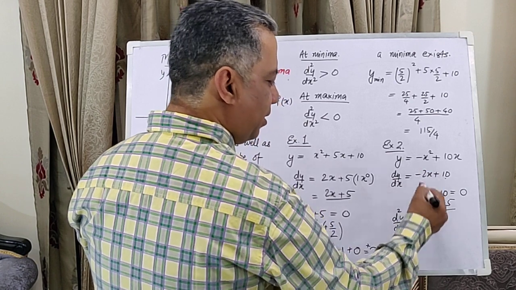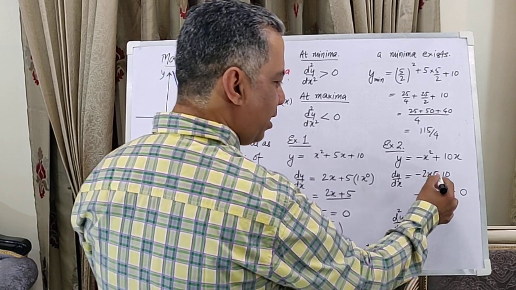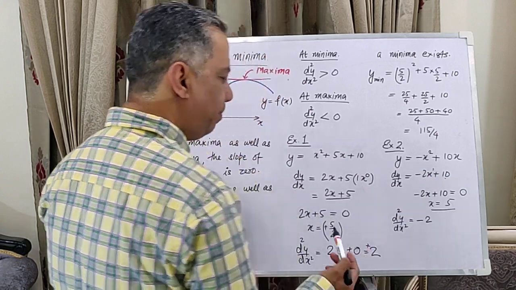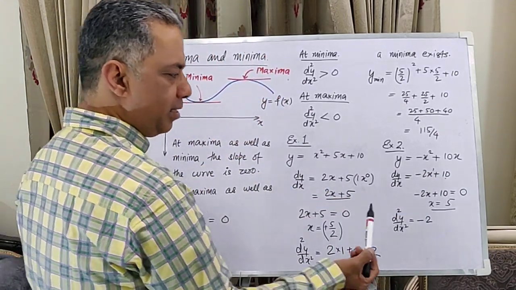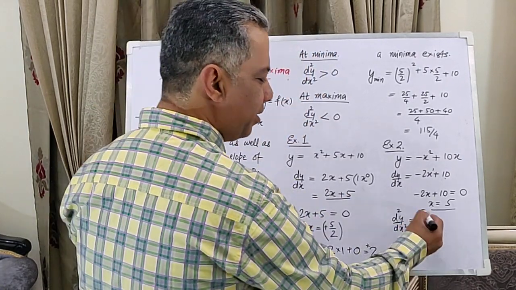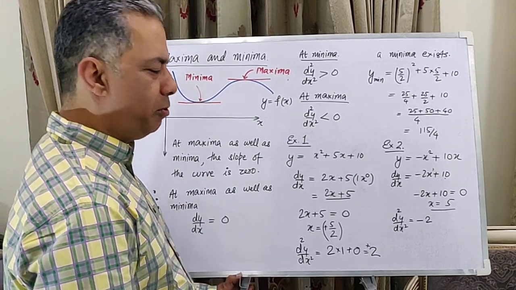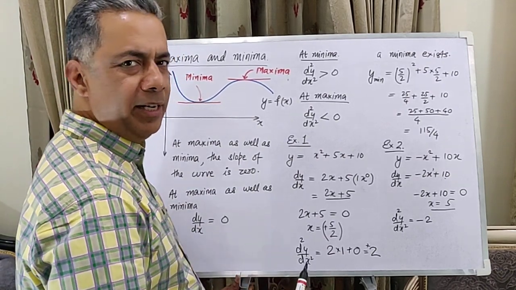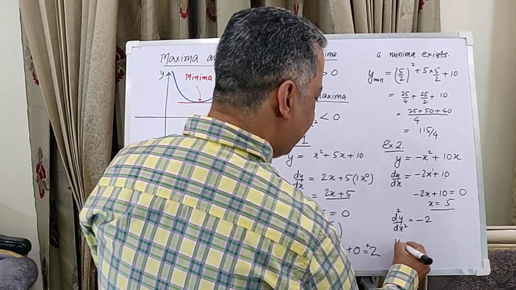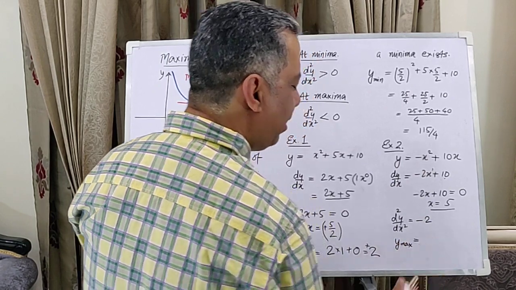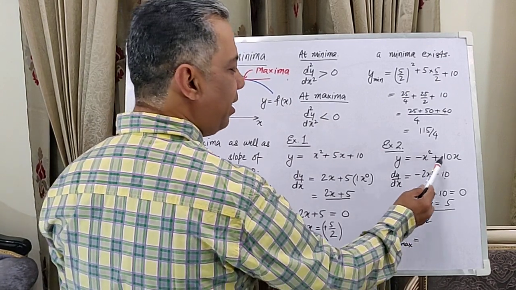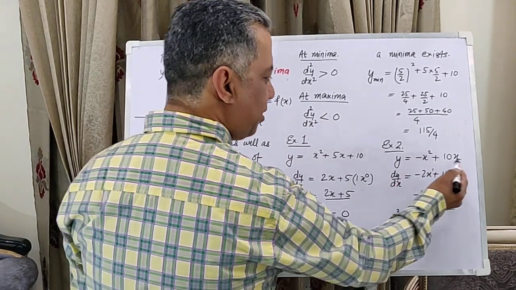See, the constant remains as it is, and then you multiply with the derivative of this function. x to the power 1, as we figured out here, has a derivative 1. So the double derivative is minus 2 now. Now minus 2 would mean you can only have a maxima. And now the maximum value of y can be calculated by substituting x equal to 5 in this function.